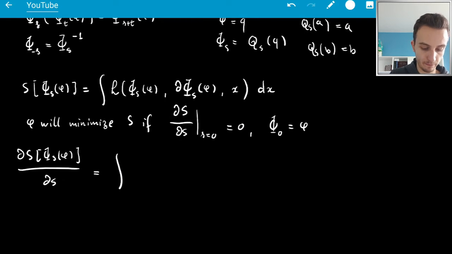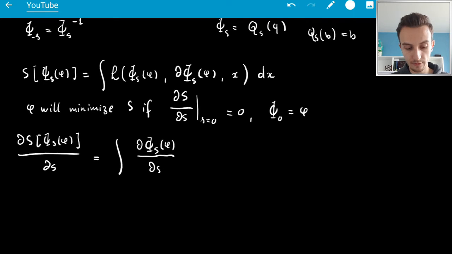And this is just a chain rule, right? So the first argument will be this. And so let me just write the first derivative of the Lagrangian. So derivative of the first component I will write as del L by del phi.